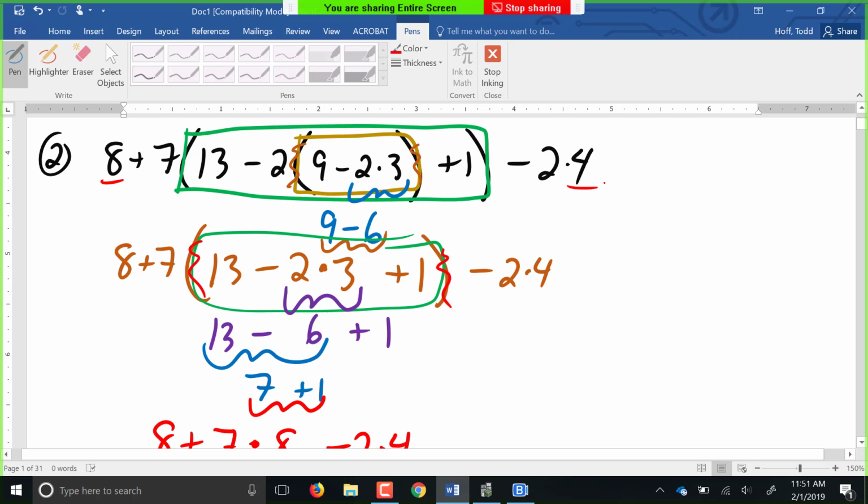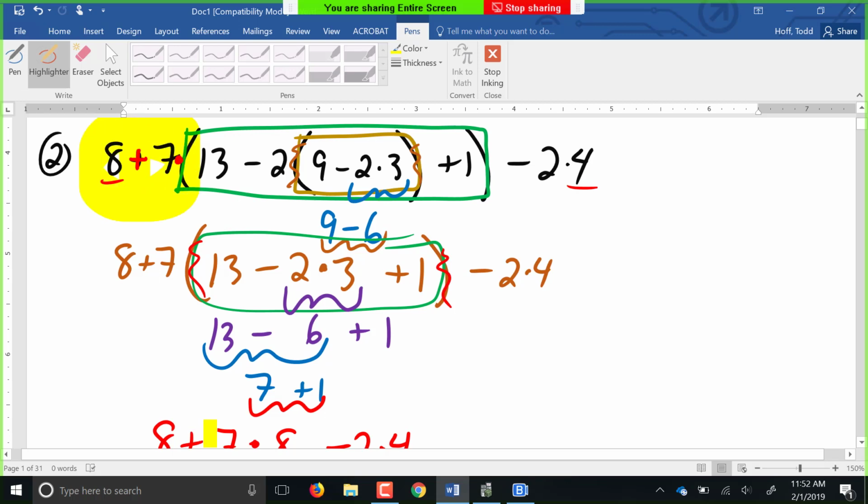But every other number in these problems has two operations. The 7 has the addition in front of it, and behind it is multiplication. That multiplication has a higher priority. So when it comes to that 7, we cannot do this addition until we have done that multiplication. So do not fall into that trap.